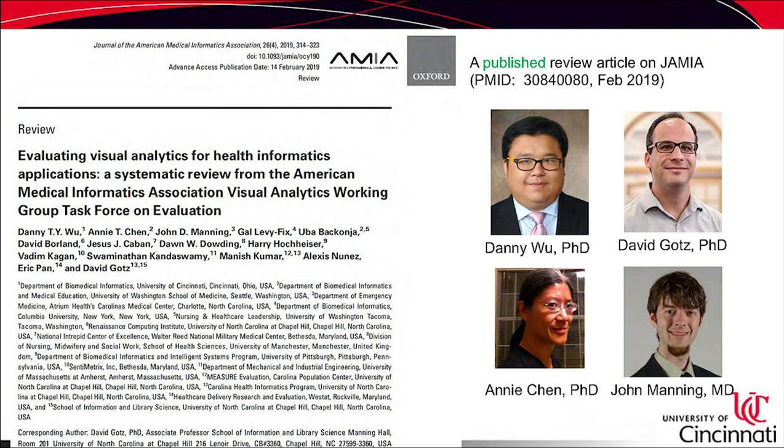But it turned out to be good because we have a JAMIA systematic review published that surveys the literature and has some suggestions and recommendations, which I'll show you: if you want to do evaluations on visual analytics, what strategies or aspects you want to consider.